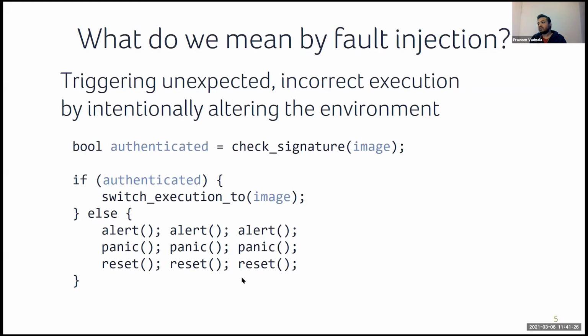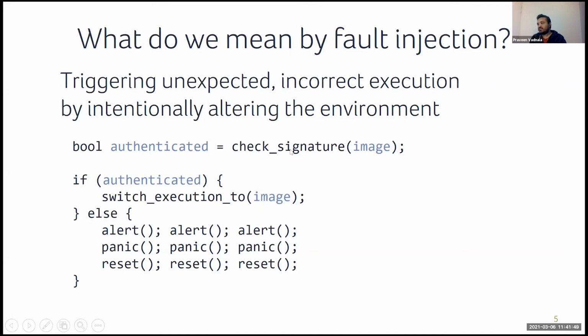Let's take an example. This is a simple piece of code which checks the signature of an image to authenticate it before it executes it. You can see there is a function called check signature, and the image is provided in this argument.